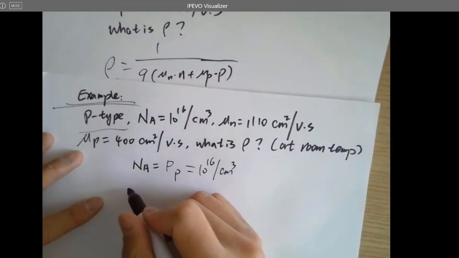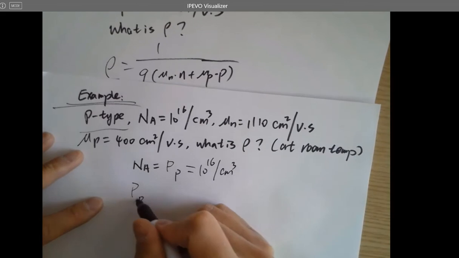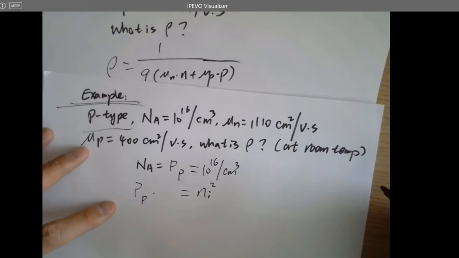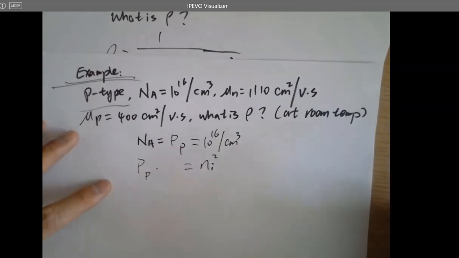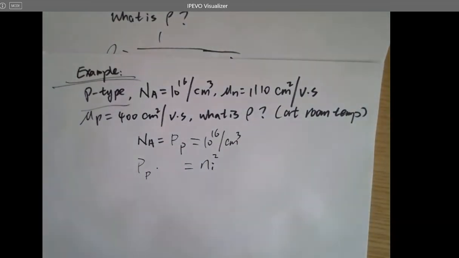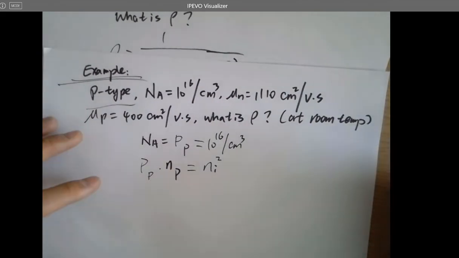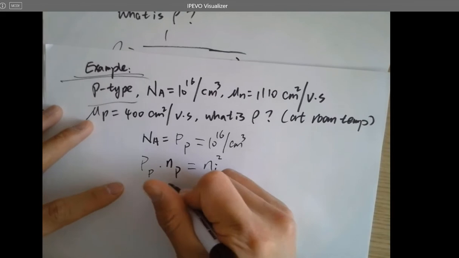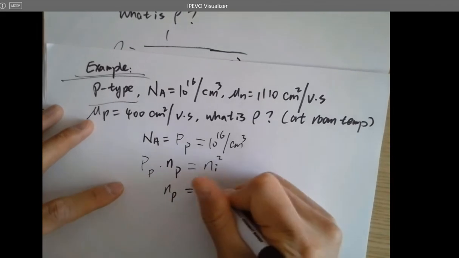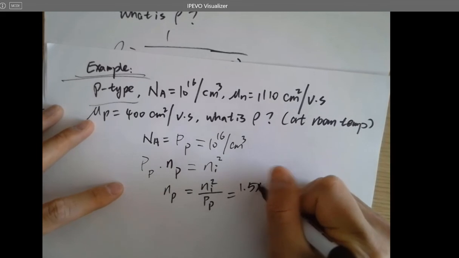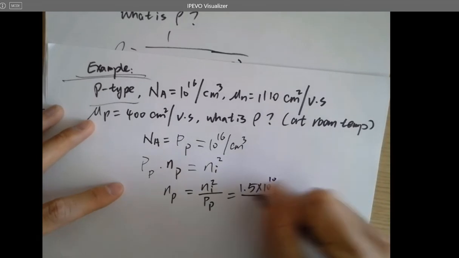And you know Pp times what equals ni squared? Np, right? It's the same material, still a p-type, with concentration of the electrons. So you can calculate Np, which is ni squared over Pp, which is 1.5 times 10 to the 10th over 10 to the 16th.